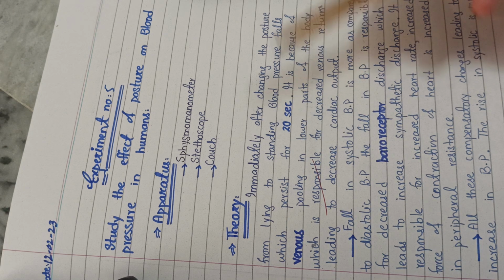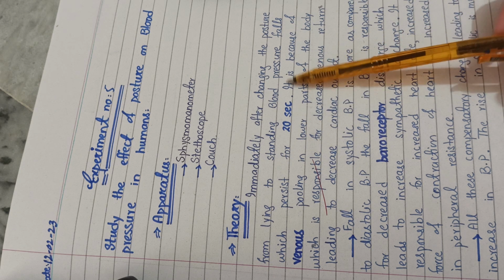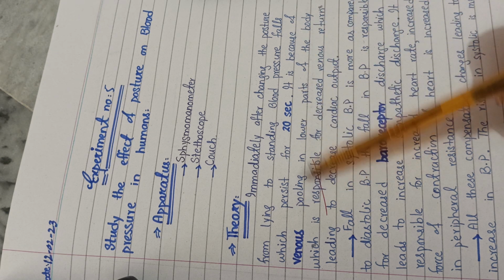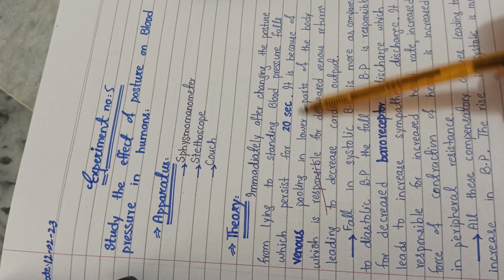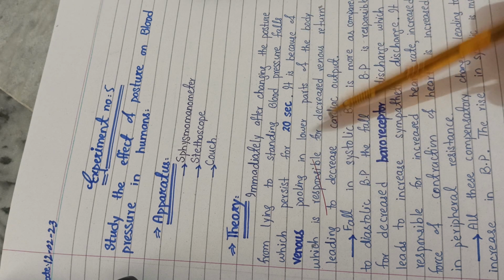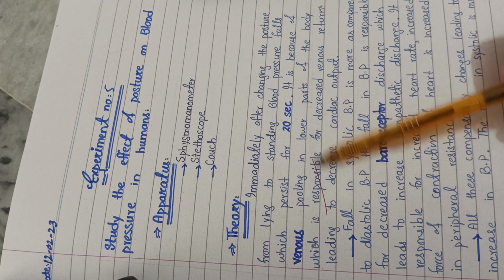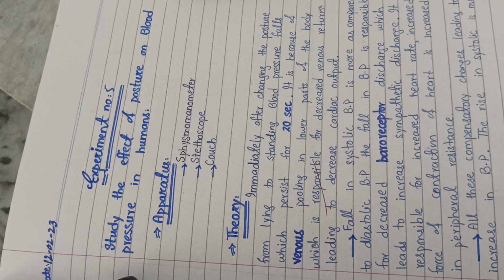So now we are going to see how the posture is going to affect it. First you have to immediately change the position from lying to standing, and then after 20 seconds, this happens because of venous pooling. Okay, all of your blood is going to be in the lower part, and due to this there is low venous return and low cardiac output.